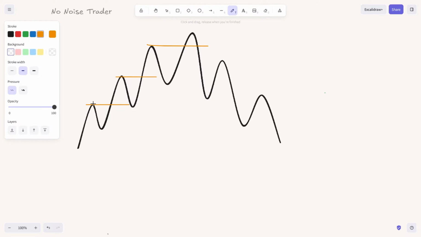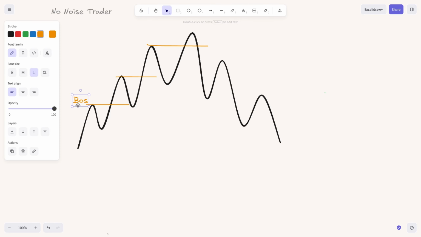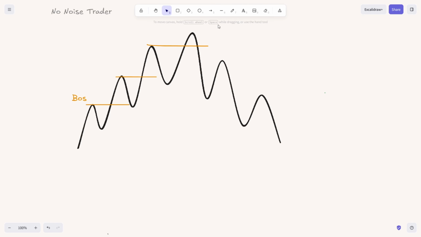For each high, we broke it. Then for each high, we broke it. And then for each high, we broke it. But this type of break is called a break of structure, BOS. So it's a break of structure. Great.